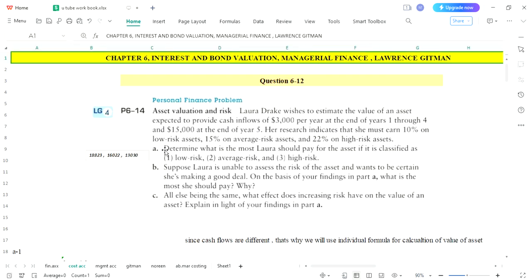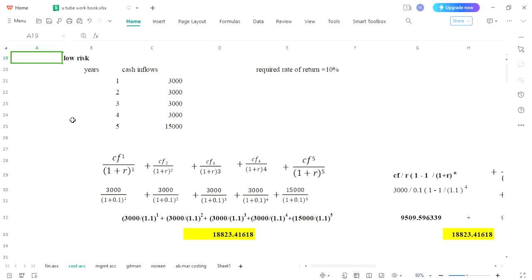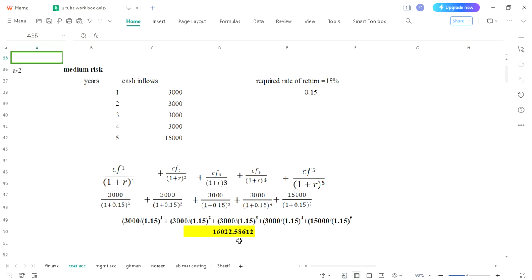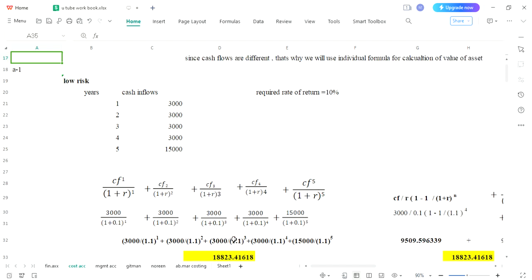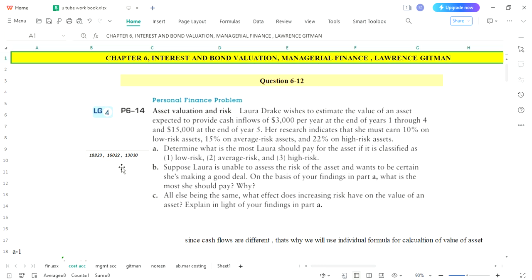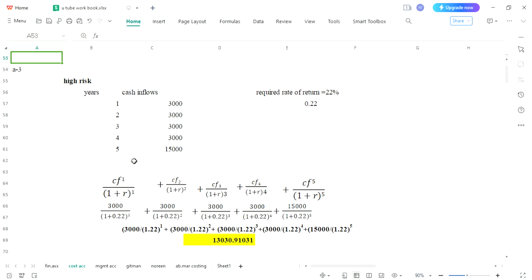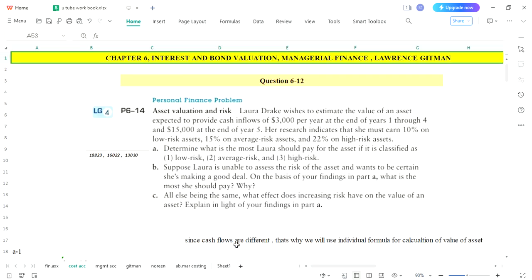Just for the review, we had the A part, the answer was 18823. Then the second part we have calculated 16022. For the third part we have 13030. All answers are reviewed.